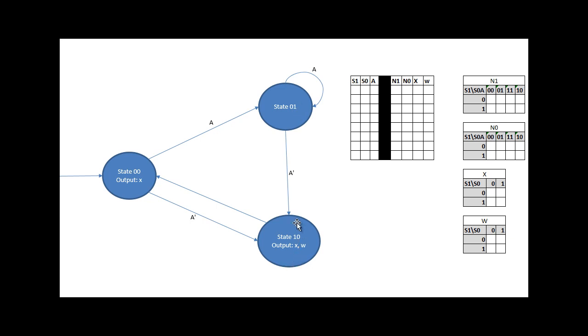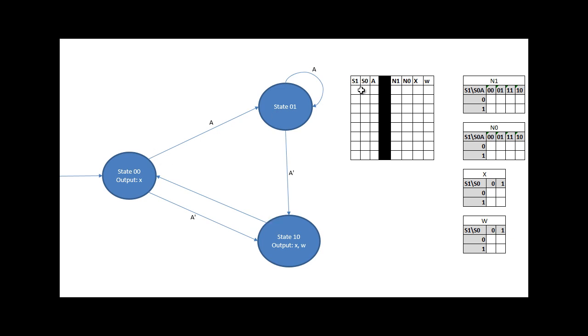If we are at state 1,0 and want to go to 0,0, no matter what we assert, we're going to go there. So if you don't see a letter on top of the arrow, it means that no matter whether A is A or not A, it's going to go to the state that the arrow is pointing at.